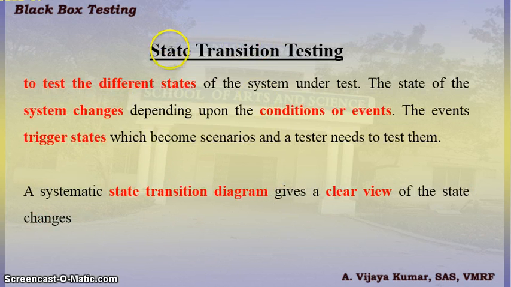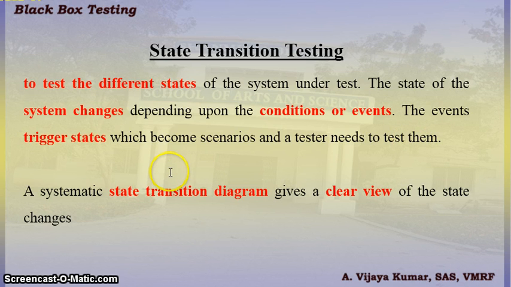Next one, state transition testing, to test the different states of the system under test. The state of the system changes depending upon the conditions or events. So normally the state will purely depend upon the conditions or events that are performed. So the events trigger states which become scenarios and the tester needs to test them.